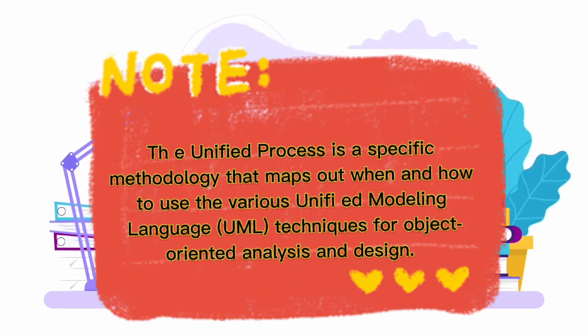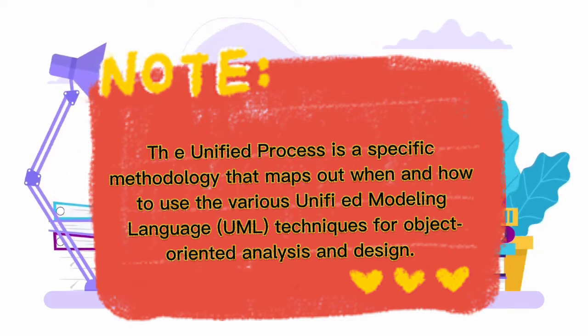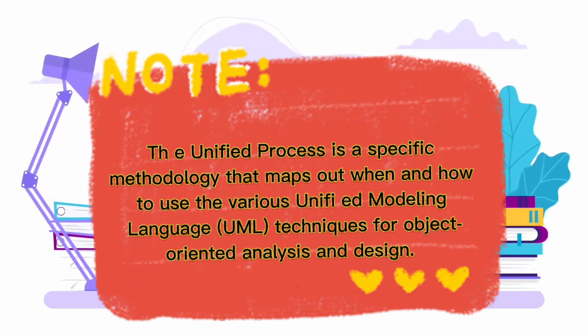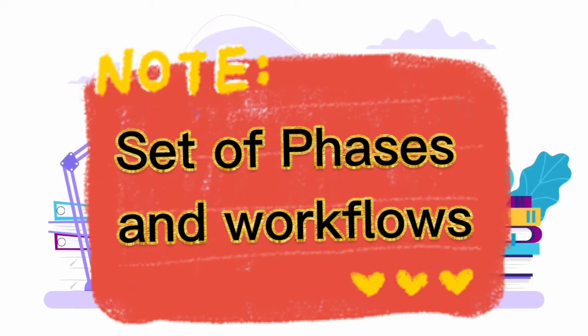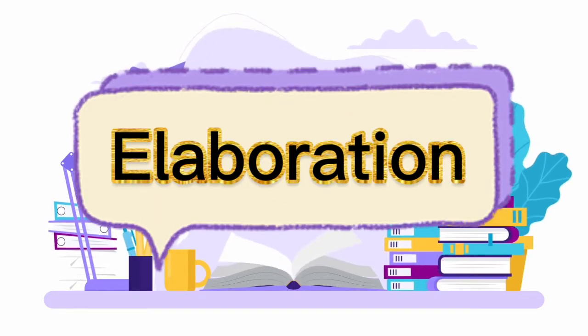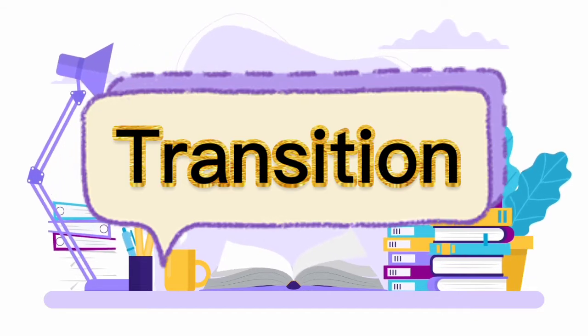Furthermore, the unified process is a two-dimensional system development process described by a set of phases and workflows. The phases are the following: inception, elaboration, construction, and transition.